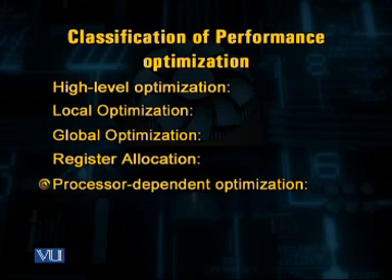Next, I will be talking about the processor-dependent optimization. The processor-dependent optimization is one which deals with the instruction set architecture of a particular class of processor, and we optimize the code depending upon the instructions available in a particular instruction set.